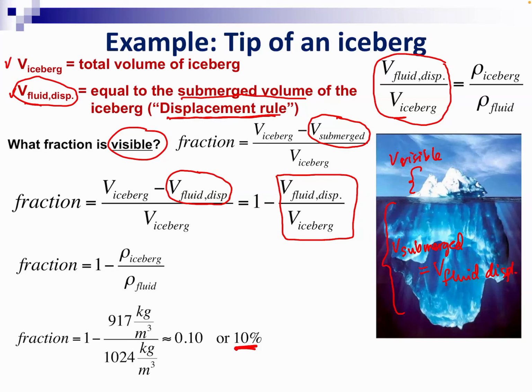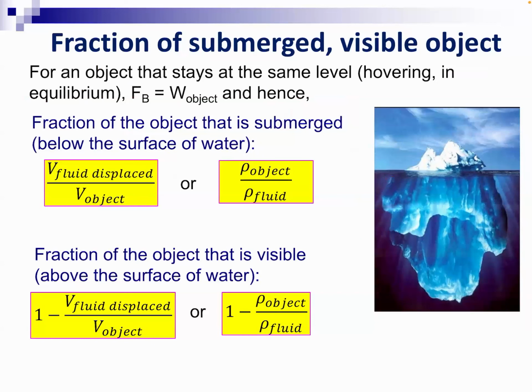Cool. All right. Any question about this? Because this example shows us a general relationship: when you have an object that is submerged, if you want to find the fraction of the object that's submerged, you simply get the ratio of the density of the object to the density of the fluid.